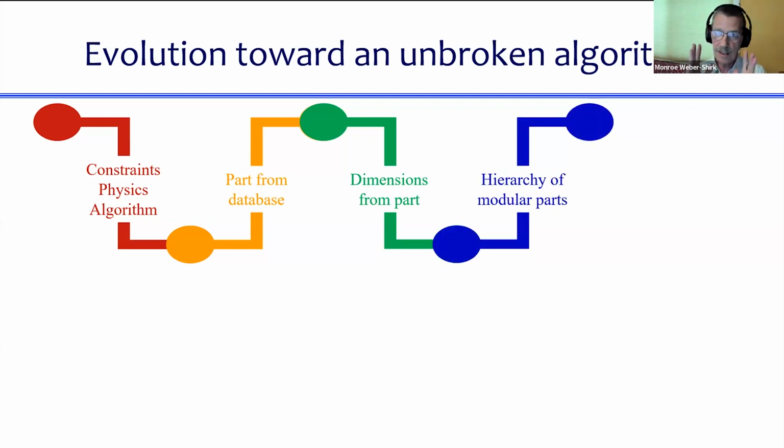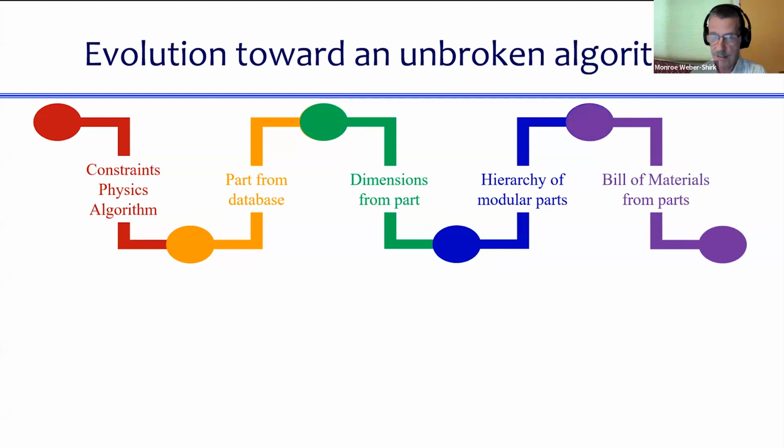And then there's another whole important piece here is that we're going to have many, many parts. They're going to be modular in nature, and there needs to be a hierarchy of those parts to create these complex systems that in our case is a drinking water treatment plant. And finally, this needs to create a bill of materials.